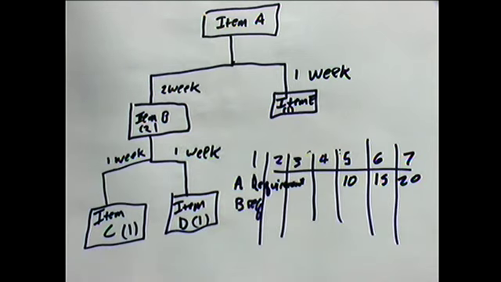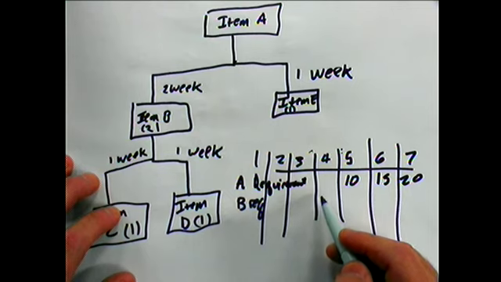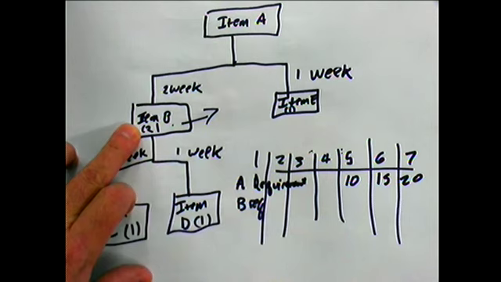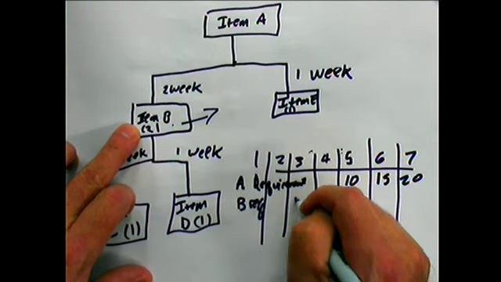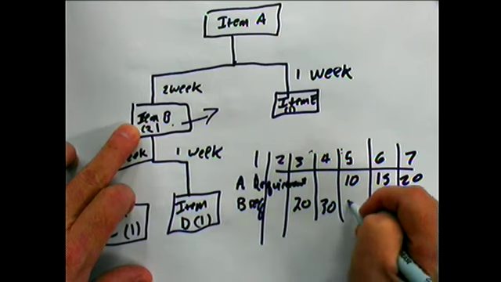Okay. What's my B requirement? Well, I have to bring it back by the time phase, right? So I have to bring it back 2 weeks, but there's a goes into quantity of 2. So this becomes 20, 30, 40.